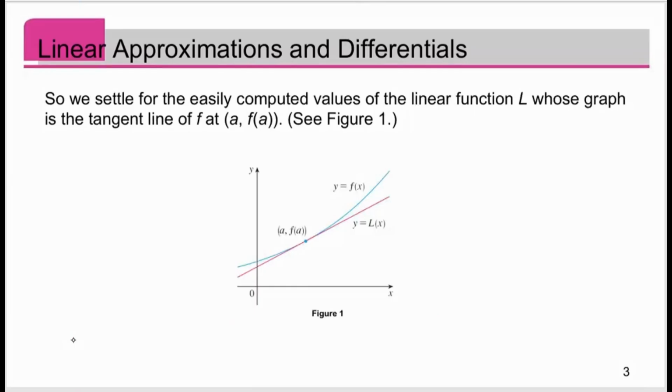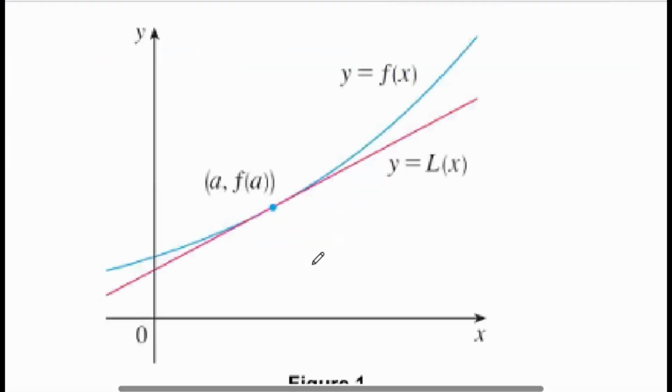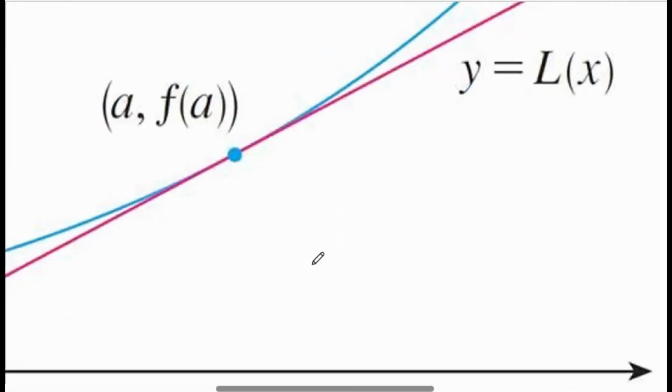So if I zoom in on this figure, you can see here, if I construct the tangent line at this point, of course, at that particular point, the values of a and f(a) will be the same whether you consider the tangent line or the curve itself. But when you go further, for example at this particular point, you are using the tangent line as an approximation.